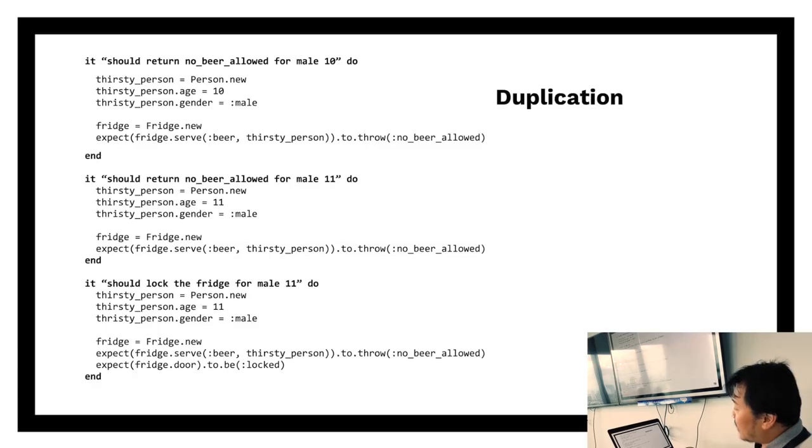So the reason why it's dangerous is, firstly, when people copy and paste, they might forget to change the description, or when they change something, they might forget to change the description. If the description instead says should throw when underage tries to drink beer, then irrespective of your implementation in the test, you don't have to change the test description, as long as it still describes what the test intent is.